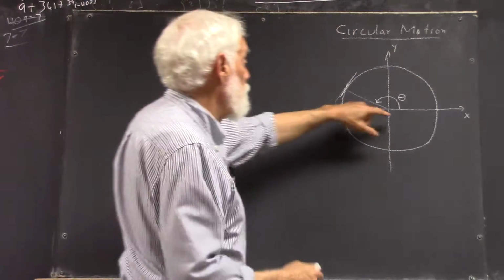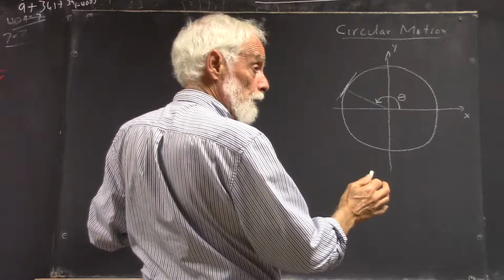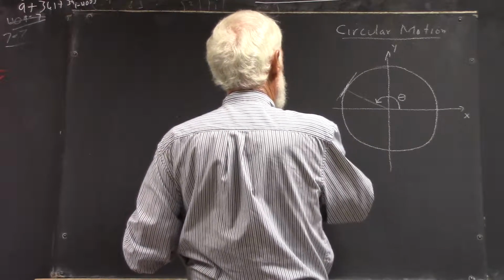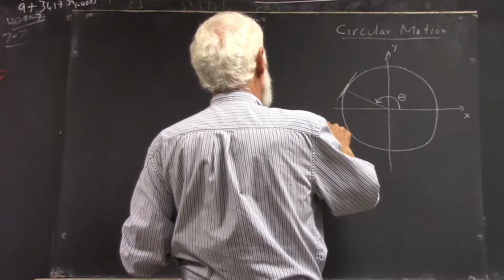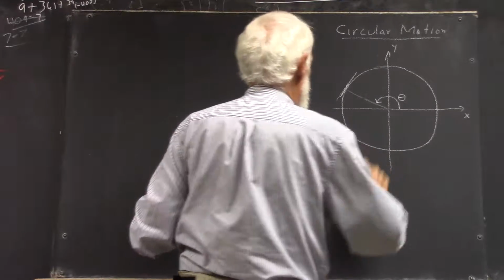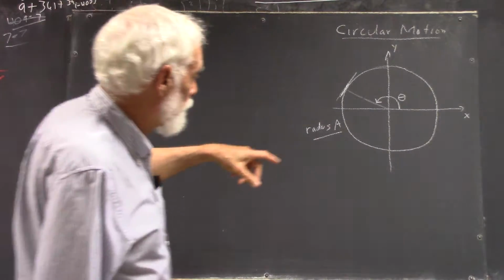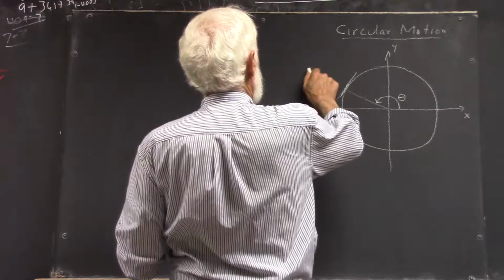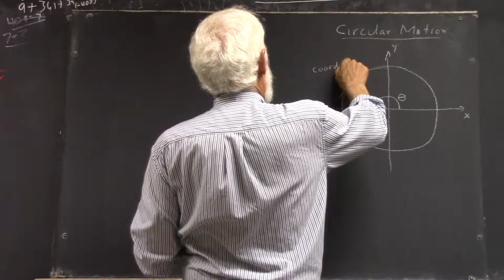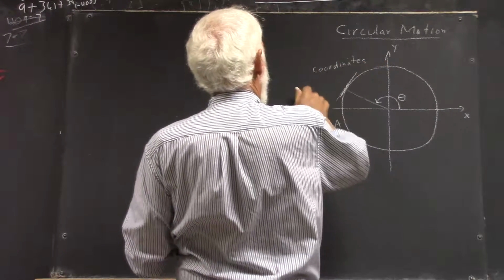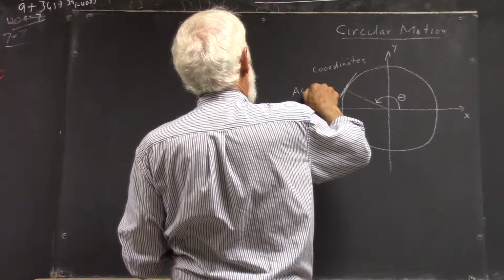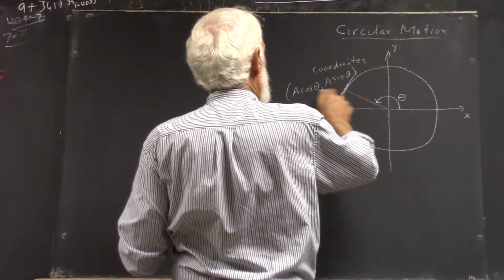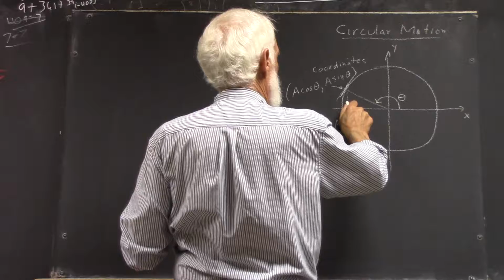Also, if we know the angle theta and the radius of the circle, which I'll call A instead of R, and we'll understand fairly soon why I use A for the radius, then this point has coordinates A cosine theta, A sine theta.